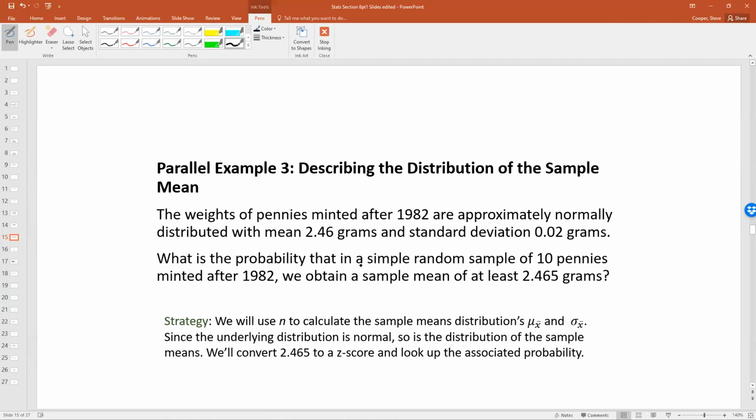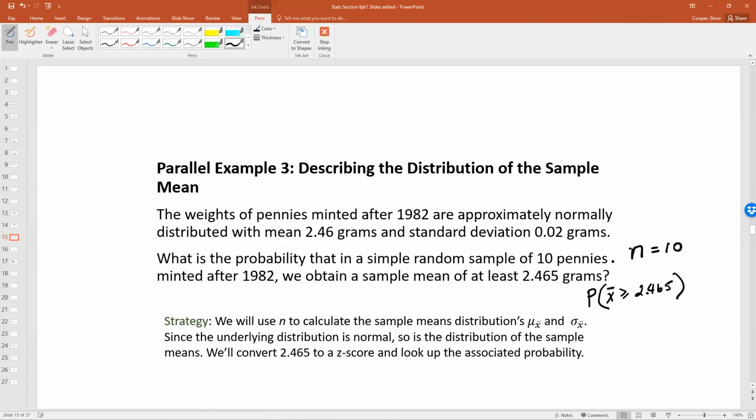What's the probability that in a simple random sample of 10 pennies, so let's identify that n equals 10, minted after 1982, we obtain a sample mean of at least 2.465 grams? So let's write that as a generic probability statement. That's saying what's the probability that X bar is at least, so greater than or equal to, 2.465.